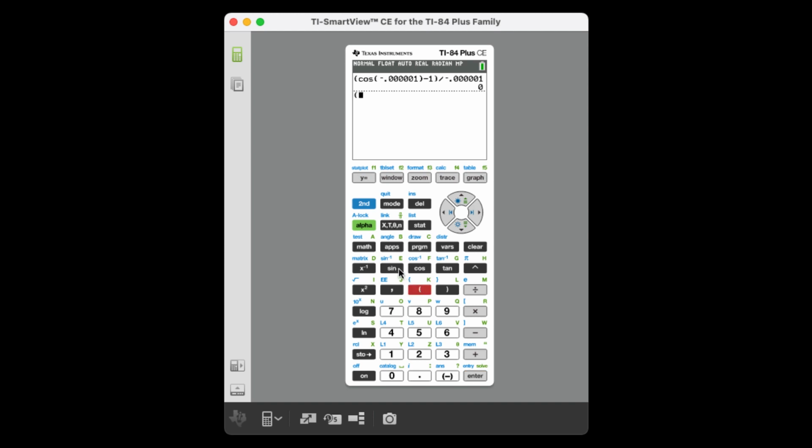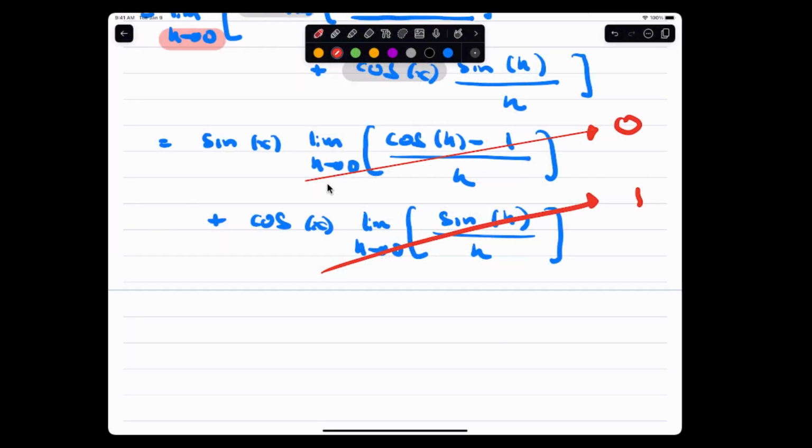So cosine of point, 5 zeros and a 1. Isn't that close to 0 from the right? Minus 1, divided by point, 5 zeros and a 1. And what do you guys see? Also 0. So the left-handed limit is equal to the right-handed limit. That's why I say that portion is 0.